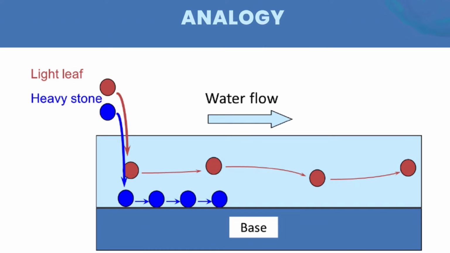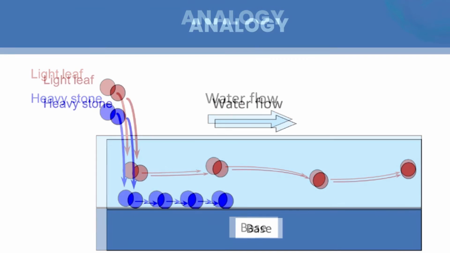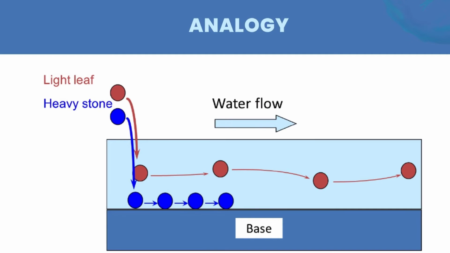Similarly, chromatography separates things based on their interaction with the stationary phase or with the mobile phase. In terms of chromatography, consider there are two things: number one is blue things and number two is brown things. When we pour these things in the system, this base will constitute the stationary phase.